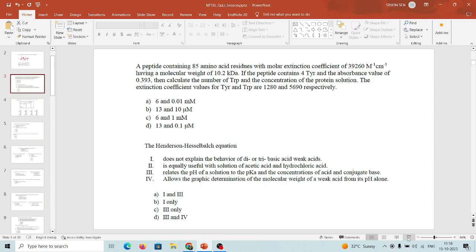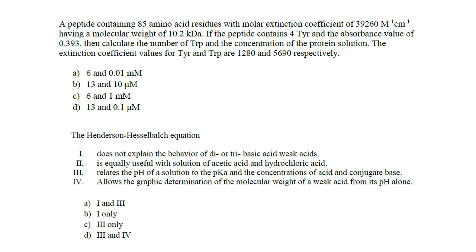Let us move on to the next question. A peptide containing 85 amino acid residues with a molecular weight of 10.2. If the peptide contains 4 tyrosine and the absorbance value is 0.393, then calculate the number of tryptophan and the concentration of the protein solution.